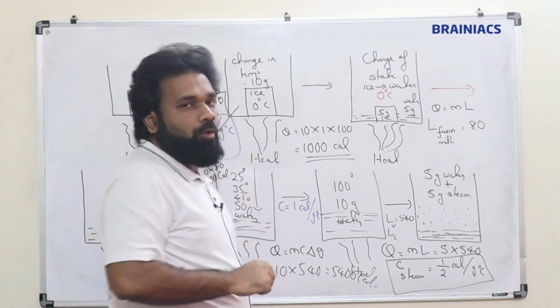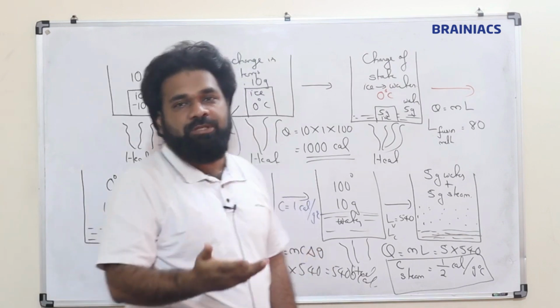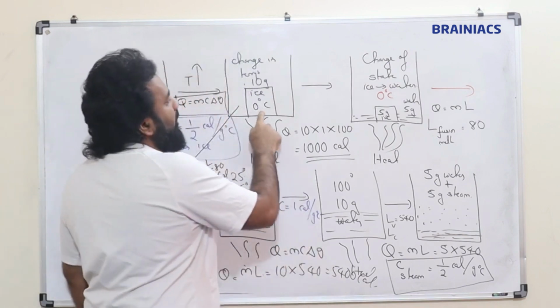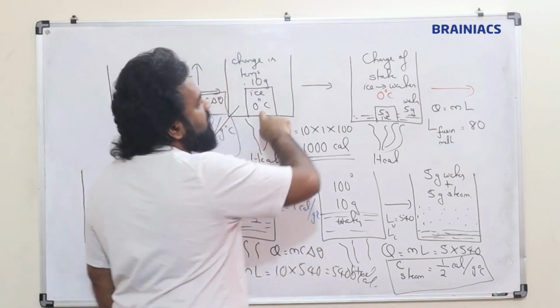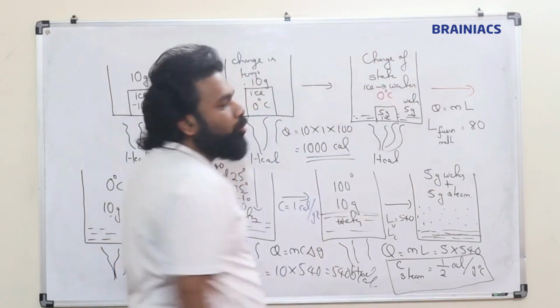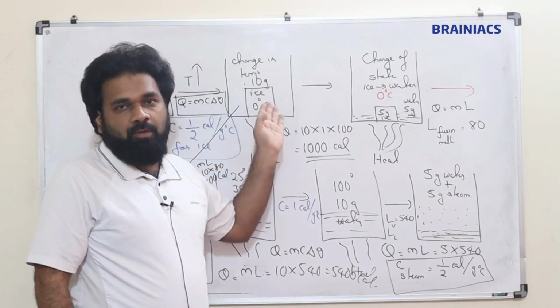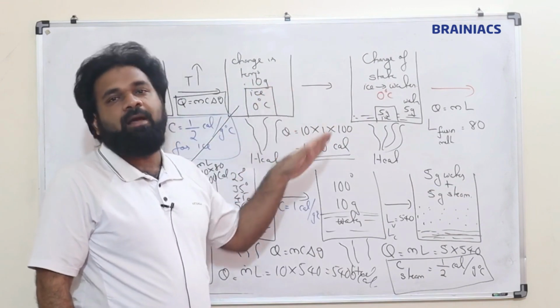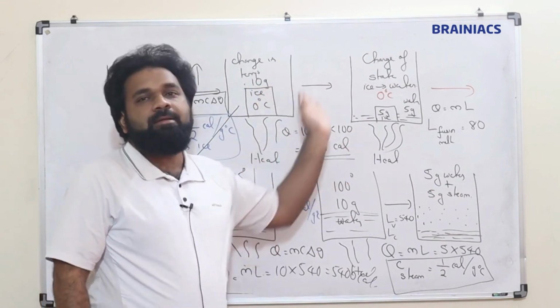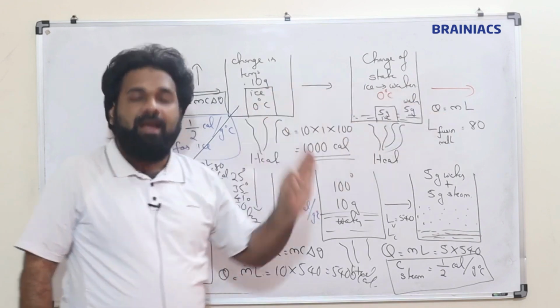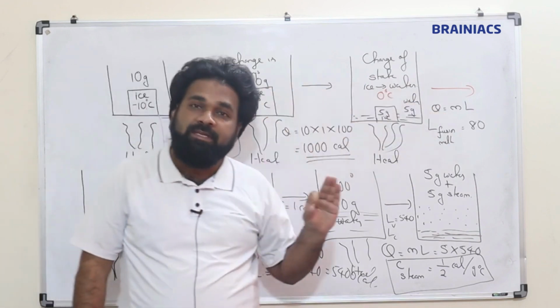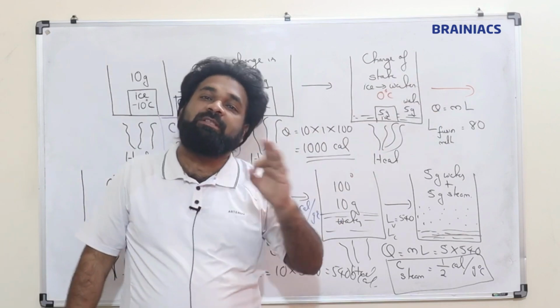Once it becomes 0, then there will be a change in state. So ice at 0 degrees Celsius will start converting into water. So 10 gram ice will become 9 gram, 8 gram, 7 gram. Likewise, the entire ice will be converted. That time there will not be any change in temperature, but there will be change in state.